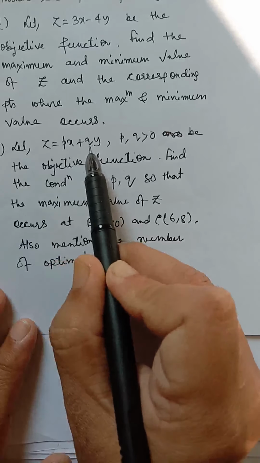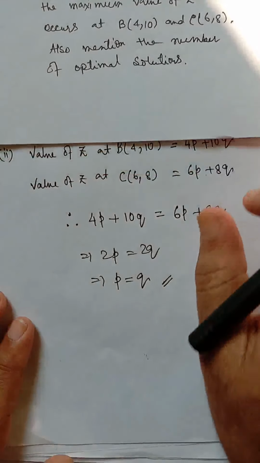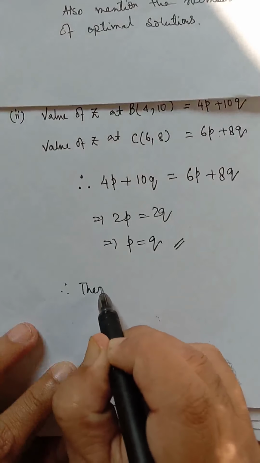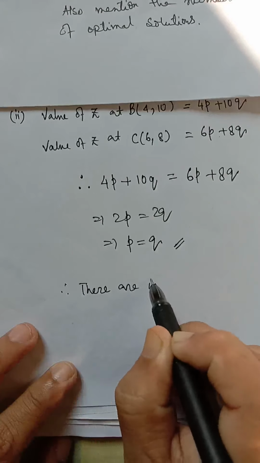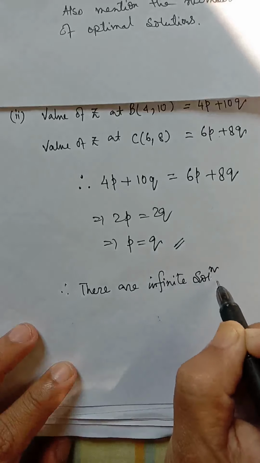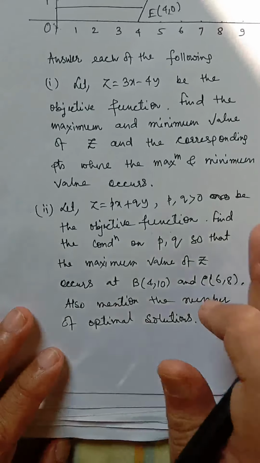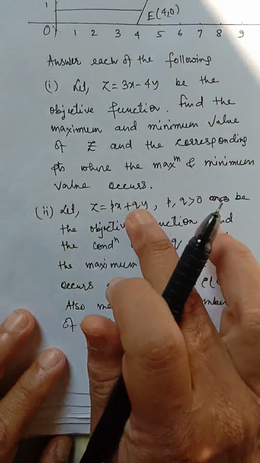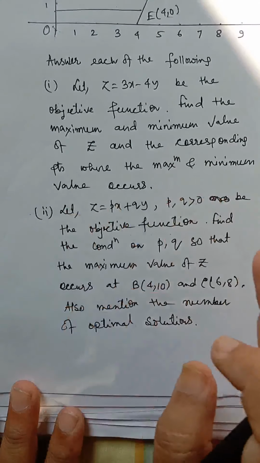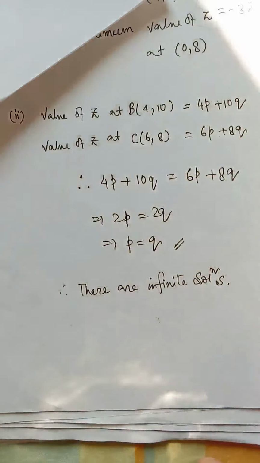So there are infinite such solutions. If p equal to q, z will have its maximum value. So this is the solution of this question.